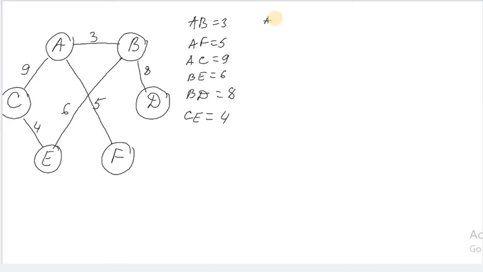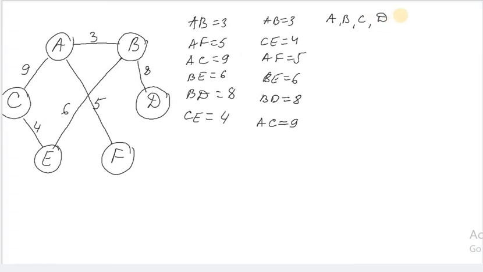So the minimum edge among all of them is AB, whose cost is 3, and then we have CE, which is 4, and so on and so on. So we have sorted our edges, and then in the next column we will have the initial graph nodes as separate trees like this, and then here we will also have one more column. I will tell you later what that is.